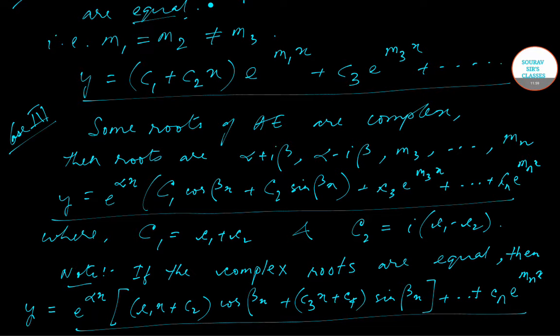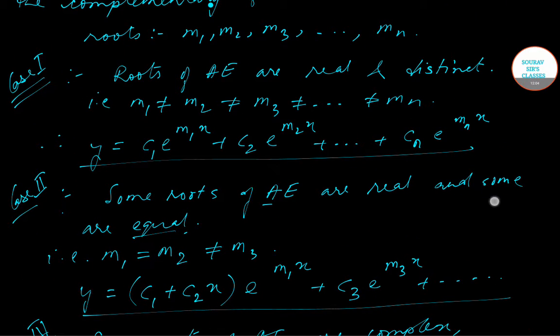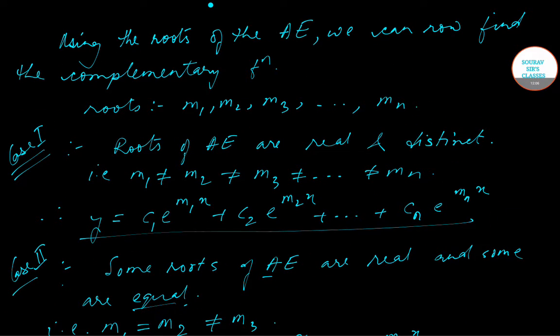So today we have talked about complementary functions in detail. Let me repeat the cases once more. Basically, if we have the auxiliary equation, and m1, m2, m3 and mn are the roots of the auxiliary equation.